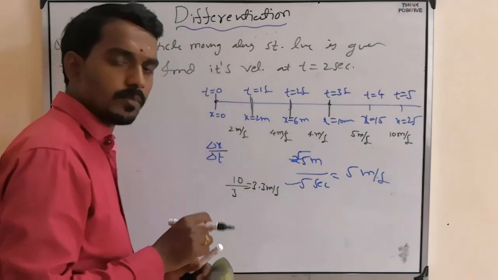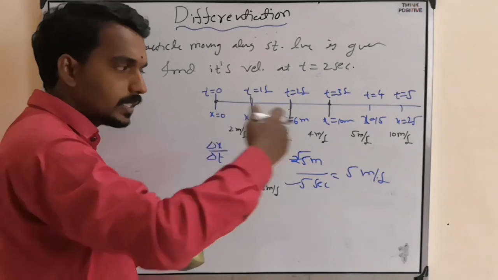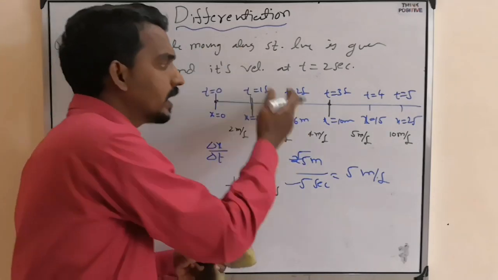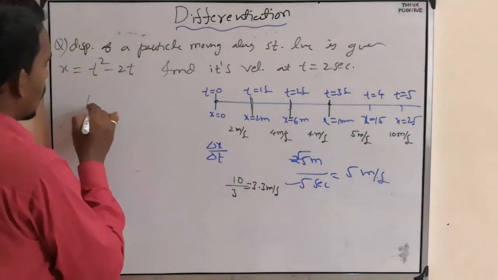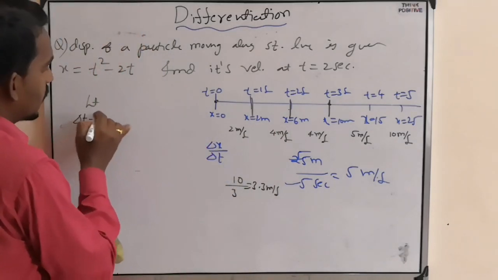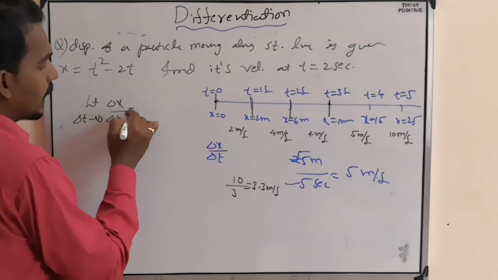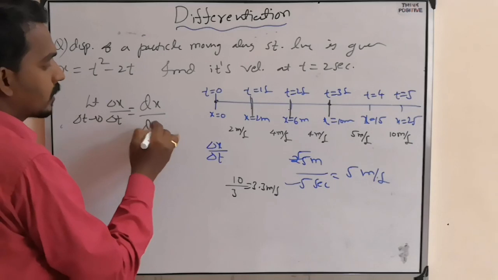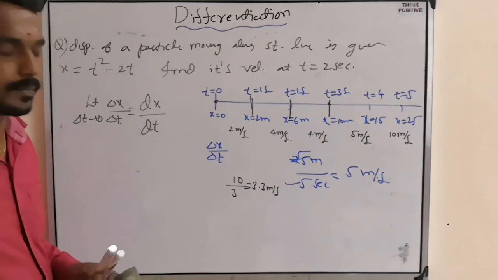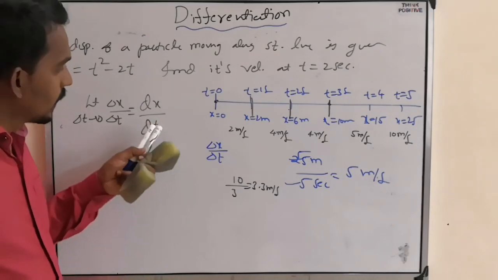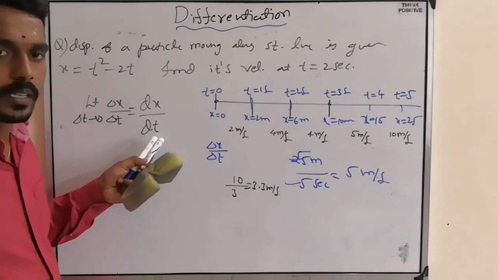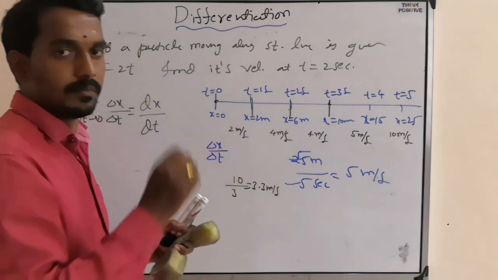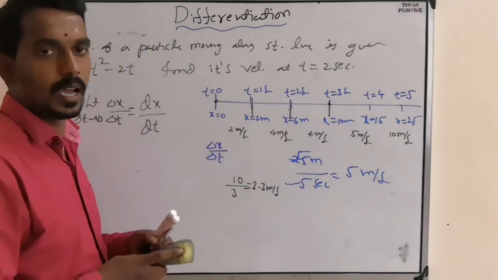At one particular time, no initial and final time, only one time, at one instant. That means under the limit delta t tends to 0, delta x by delta t, we will write it as dx by dt. So this is called instantaneous velocity, nothing but velocity at any one particular time.